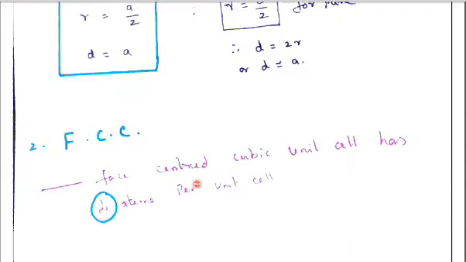Now we will calculate for face-centered cubic. In this face-centered cubic, it has 4 atoms per unit cell.